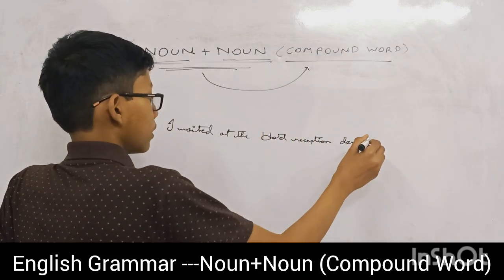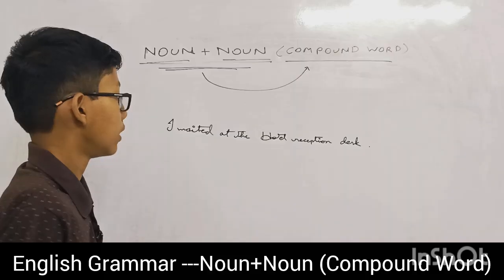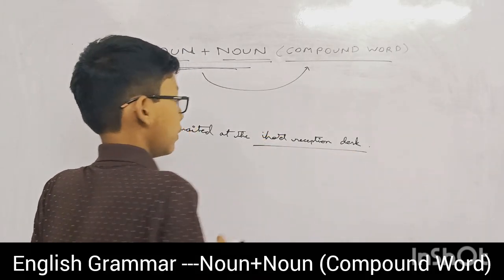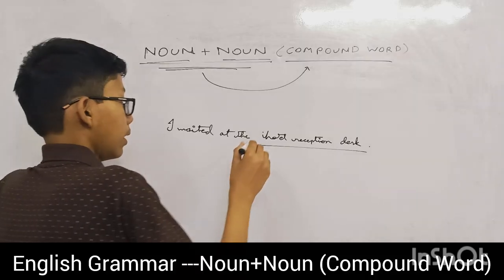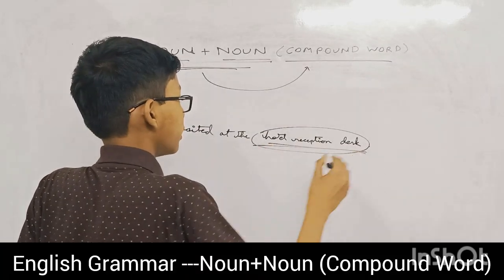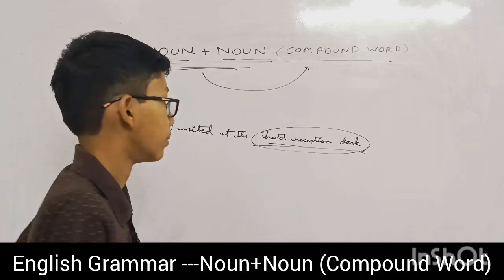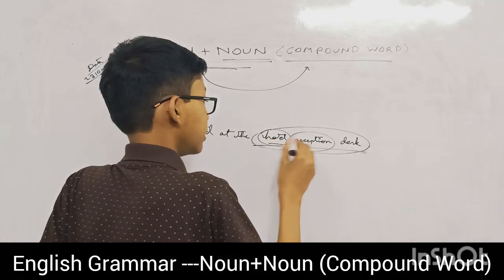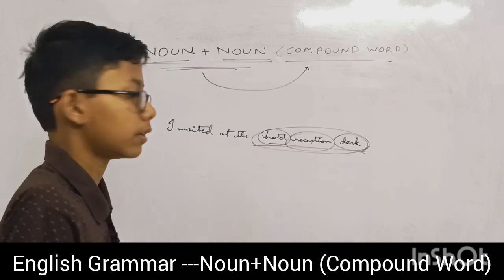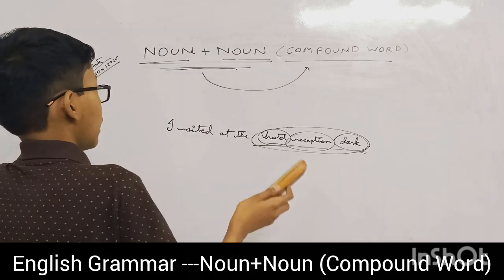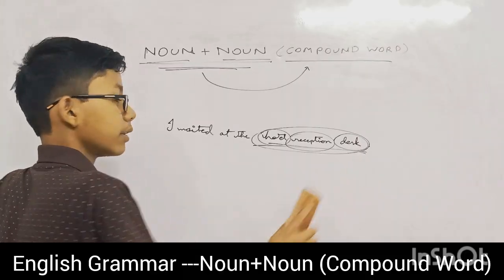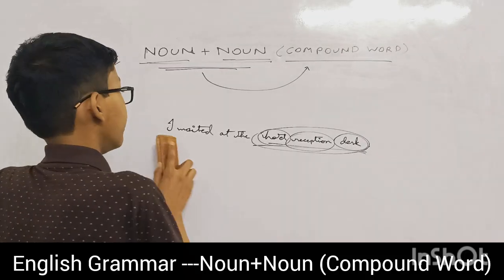As you can see, there are three nouns being used here: noun plus noun plus noun. Hotel, reception, desk. So it is possible for three nouns to be used in the same combination. But here it's just a combination, not a compound word.